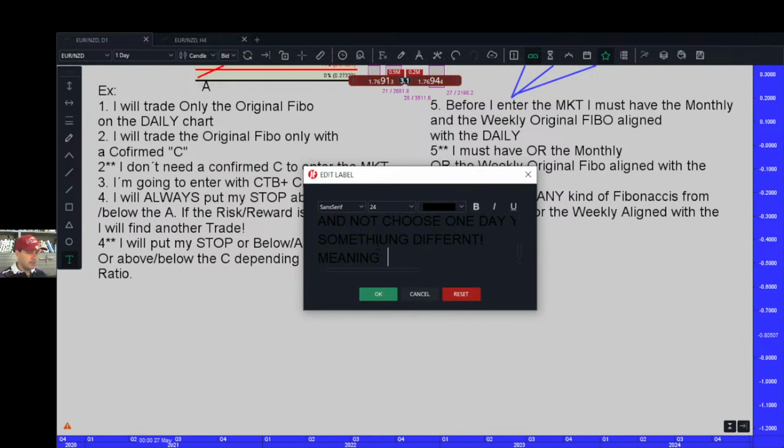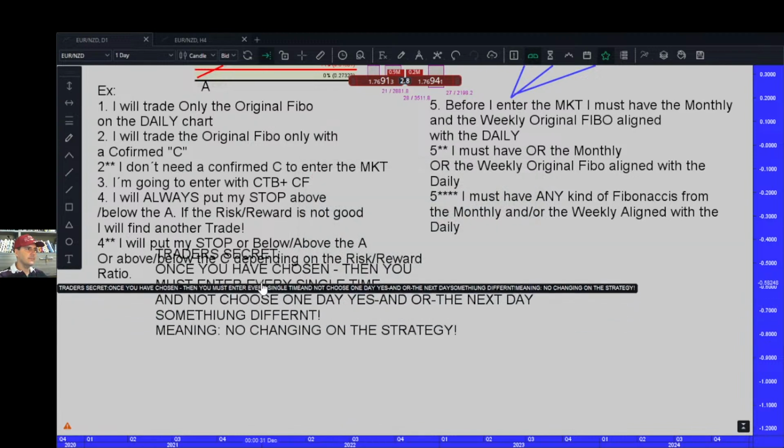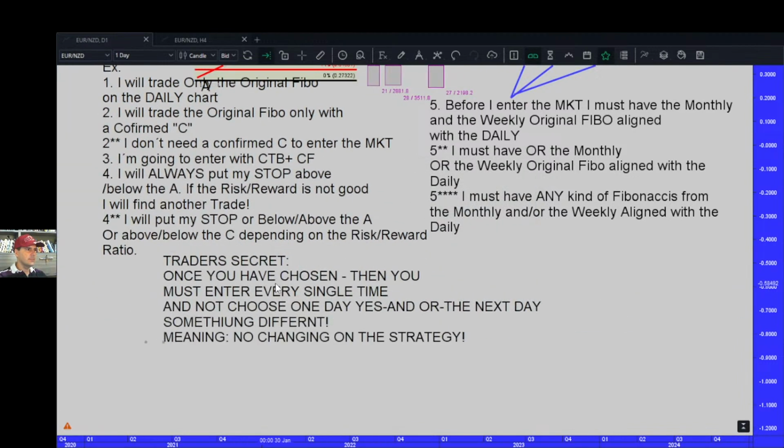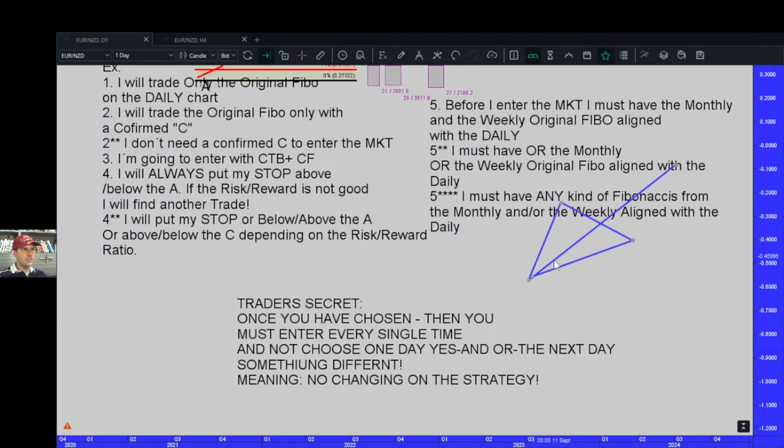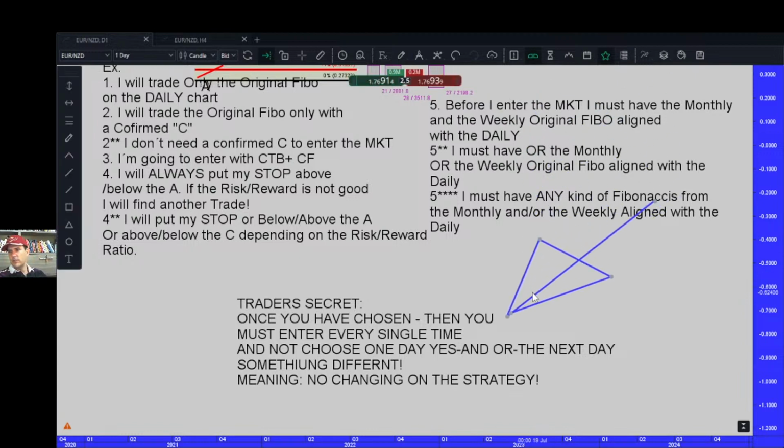Meaning no changing on the strategy. If you want to make money, take a screenshot of this.